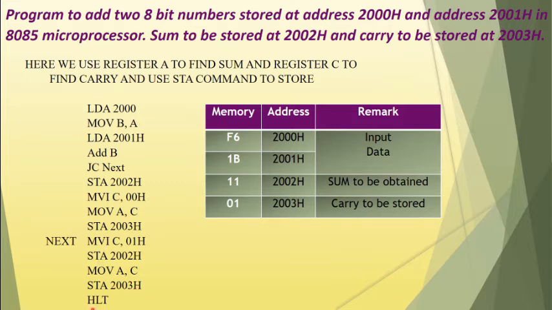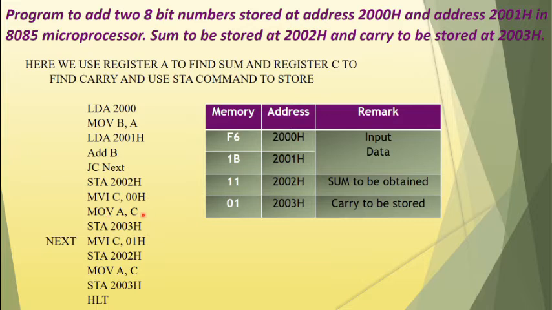But if there is no carry, in that particular case we have to store once again the contents of the addition into 2002, and we have to move 0 to the carry.